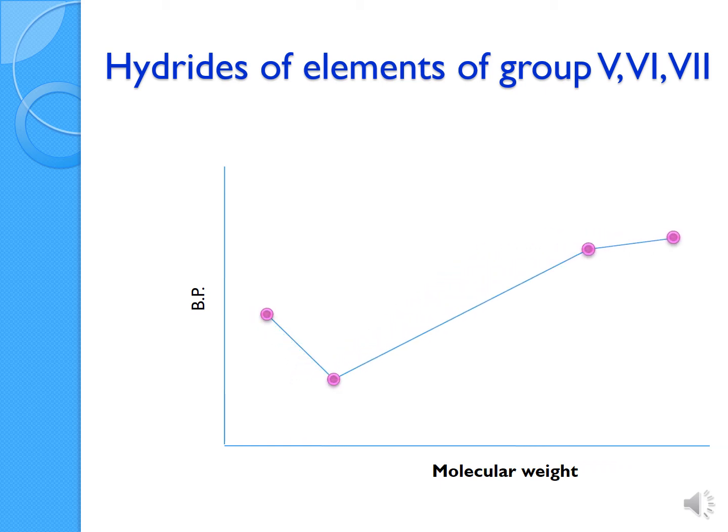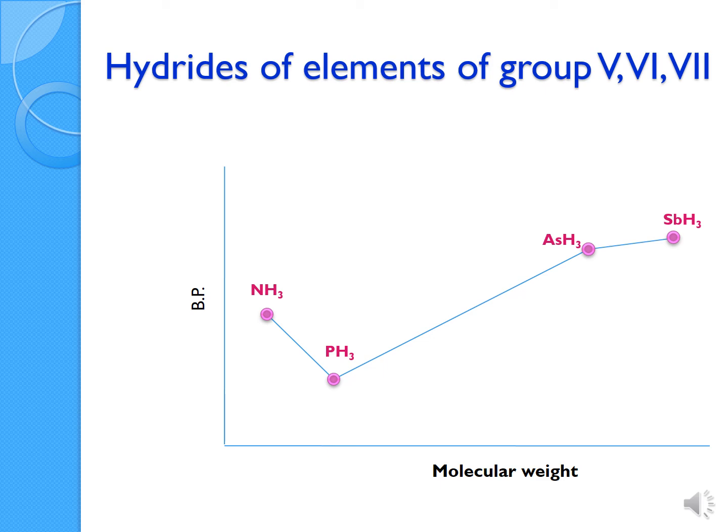So this is a graph which represents the hydrides of elements of group 5. Hydrides of group 5 represent the nitrogen family, that is nitrogen, phosphorus, arsenic and antimony. Hydrides of these elements means NH3, PH3, arsenic hydride and antimony hydride.